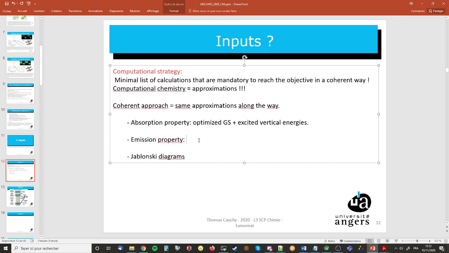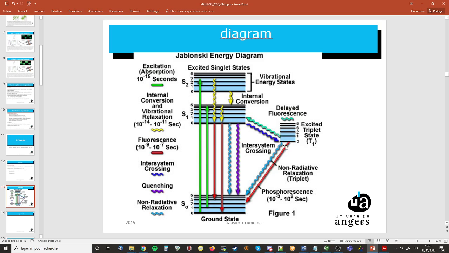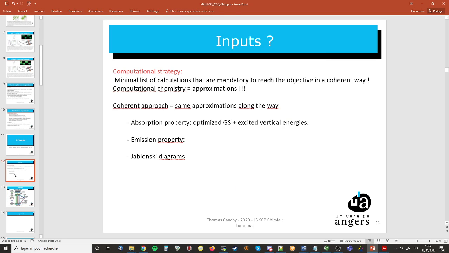your colleague quite wisely proposed that if you want the emission property, you need the excited states at their lowest energy. That means that you need to have the geometry of the singlet and triplet at their minimized energy. You need to optimize the energy of the singlet and triplet to be able to understand the vertical relaxation by radiation.